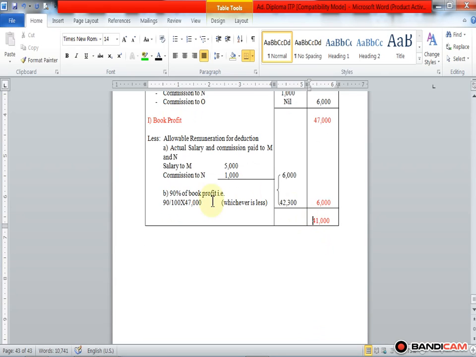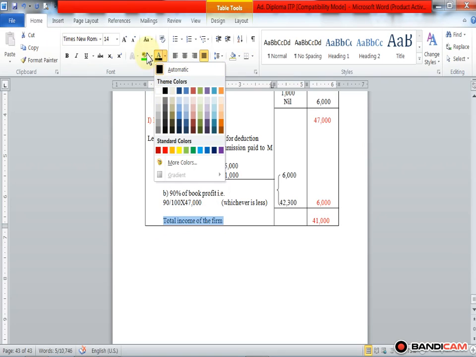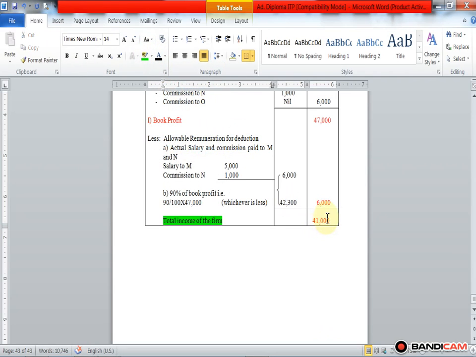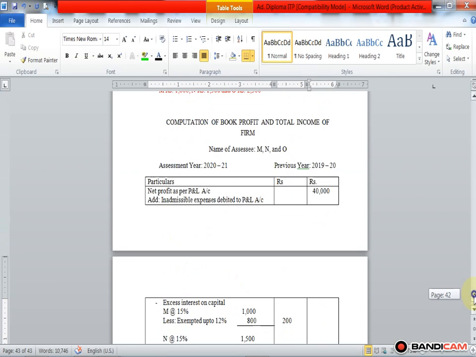So here the total income of the firm is rupees 41,000. Got it? Total income of the firm is rupees 41,000. Okay, so a very easy problem is solved.